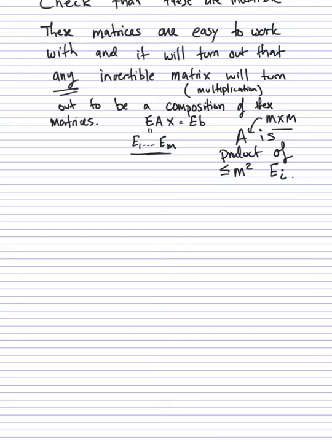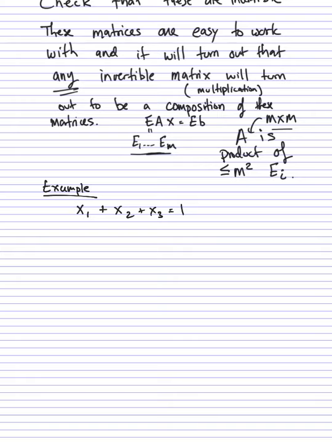Okay, so let's see an example of how to use these operations to solve a system. I'm going to give essentially random numbers, which are small, so they're easy to compute.